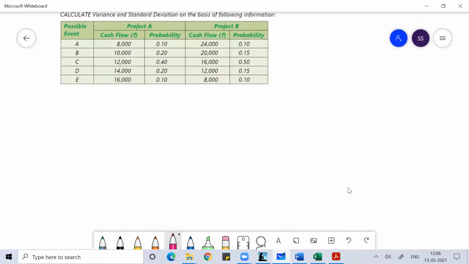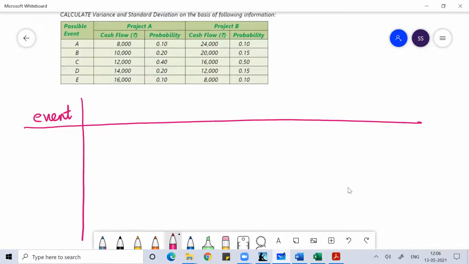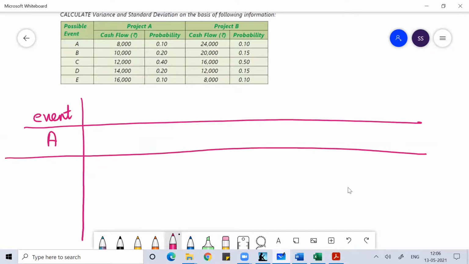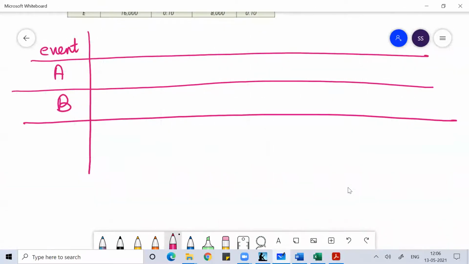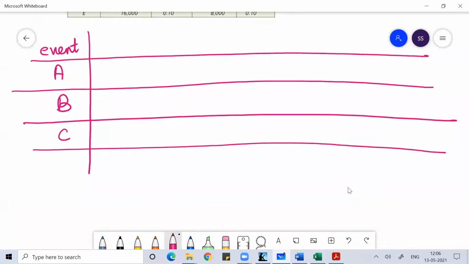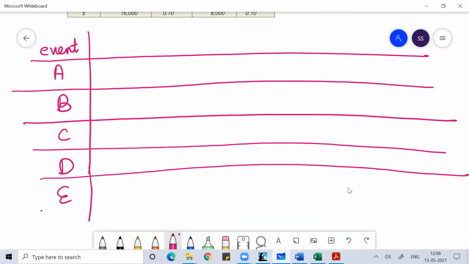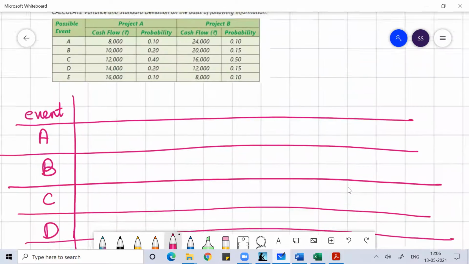So I'll write down the complete data. Event: you have five events, A, B, C, and so on.